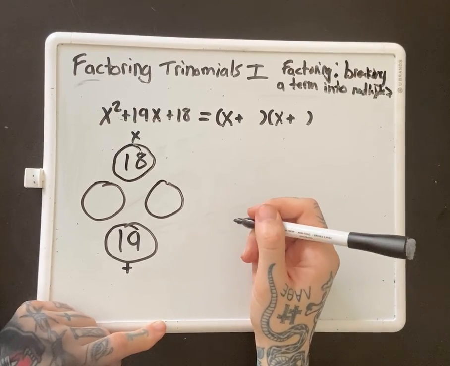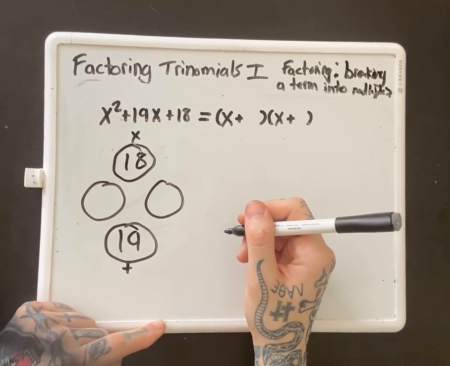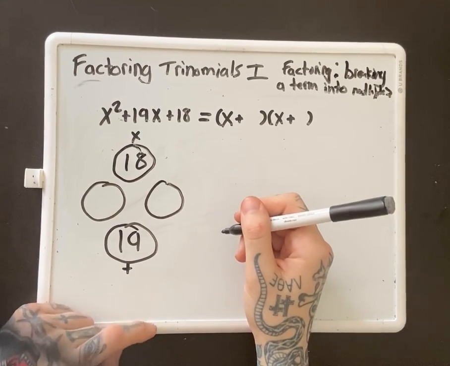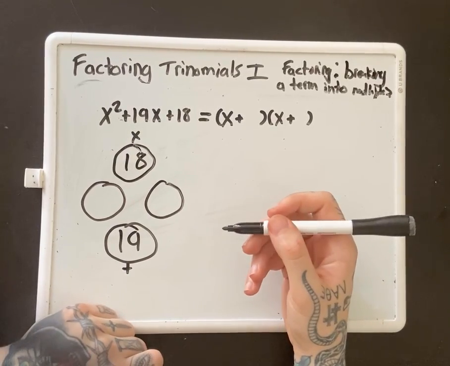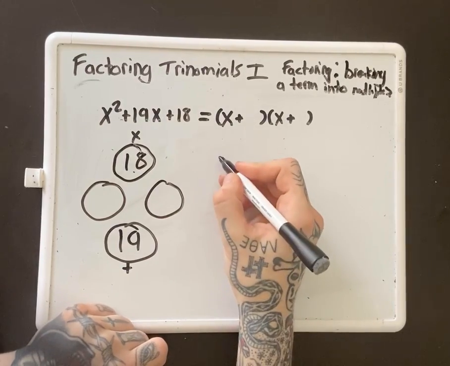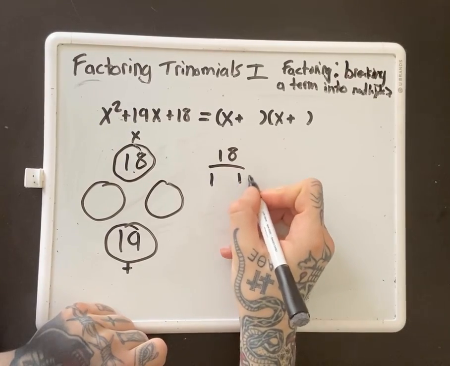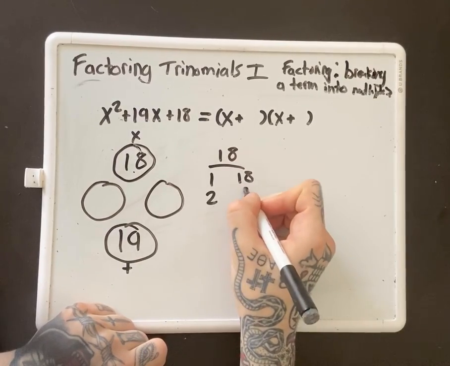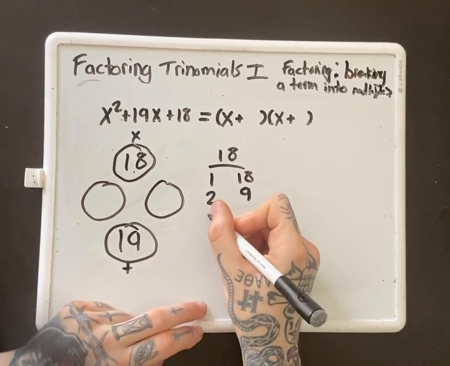So this one might be a little easier to recognize right away. So like I suggested in the previous example, I like to start with the factoring pairs, okay? 1 and 18, 2 and 9, and 3 and 6.